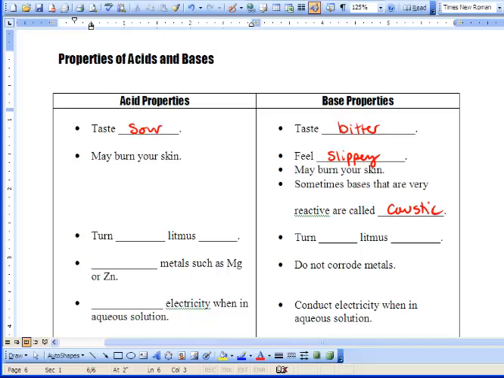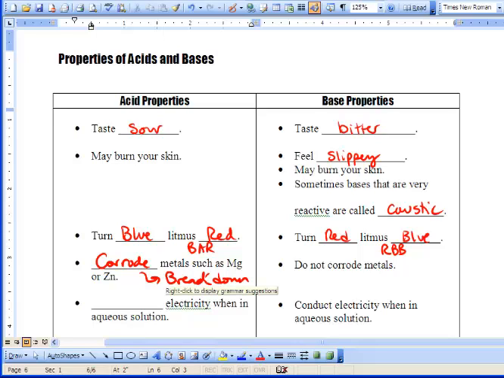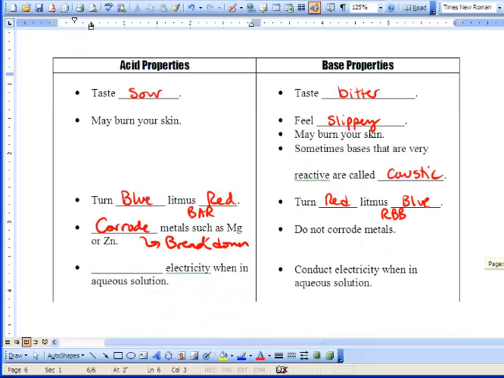Now, going back to acids, acids turn blue litmus paper red, and bases turn red litmus paper blue. Now, acids corrode or break down metals, and particularly magnesium and zinc, and bases do not corrode metals.